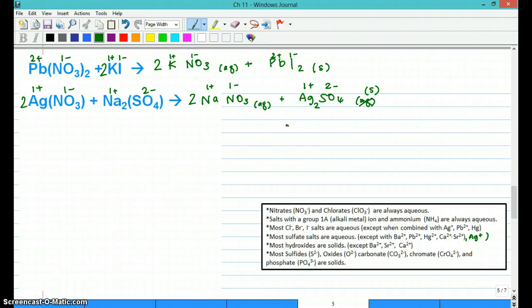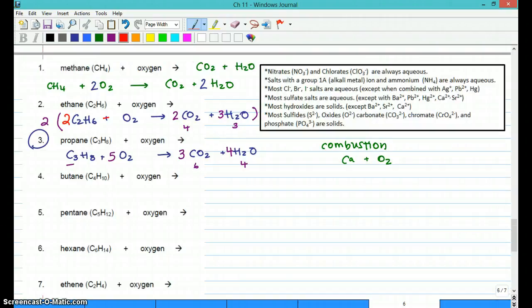These spectator ions are in the container, but they don't contribute to making the solid. So you cross these out, and then write the equation again without the spectator ions. Now we have Pb2 plus 2I minus becomes PbI2 solid. And this right here is my net ionic equation.